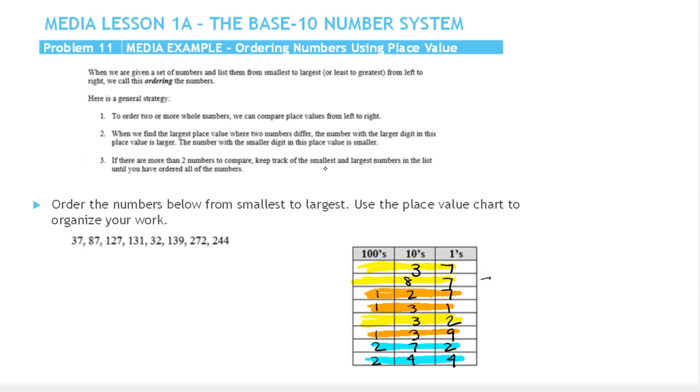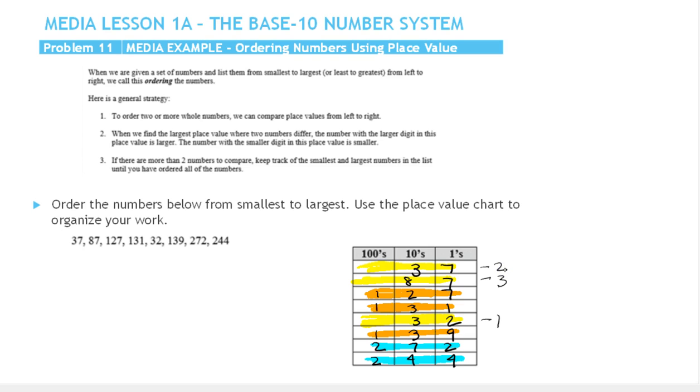So it's going to be the third largest number. Now comparing 32 and 37, notice 32 has a 2 in the ones place, 37 has a 7 in the ones place, so the smallest is 32, and the next smallest is 37.